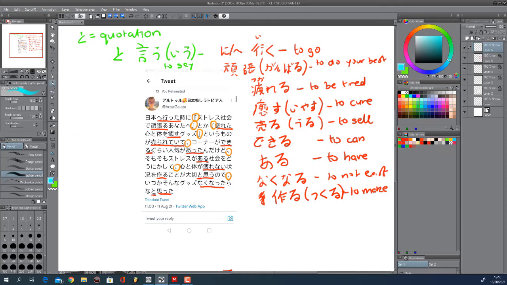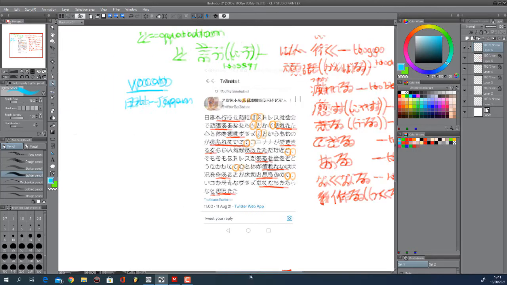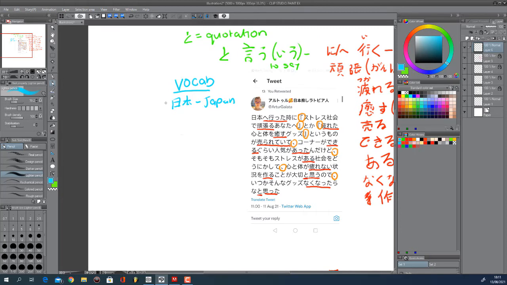So, we've got Nihon e itta toki ni. Like I said, I'm going to put the vocabulary at the side, actually. I think it'd be a nice contrasting colour. I'll keep blue. Vocab. So when we go through new vocab, we can explain that. So we've got Nihon, which is Japan, and let me just move this to the side actually, so we can have Nihon.